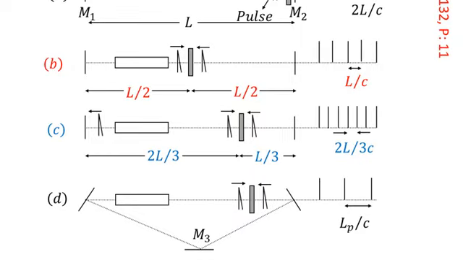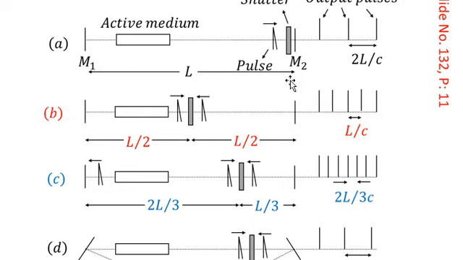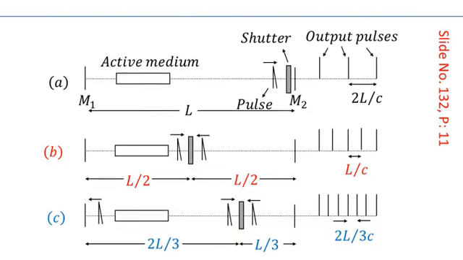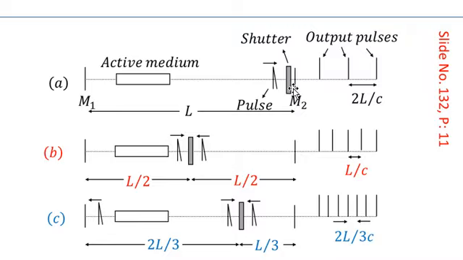If you are discussing case number B, then the two pulses are crossing the shutter from opposite directions and the separation between the pulses will be L over C. And if you are discussing case number 1, in which only one shutter has been placed very close to mirror number 2, only one pulse will be present in the cavity at a time, and then of course the separation between the pulses will be 2L over C.